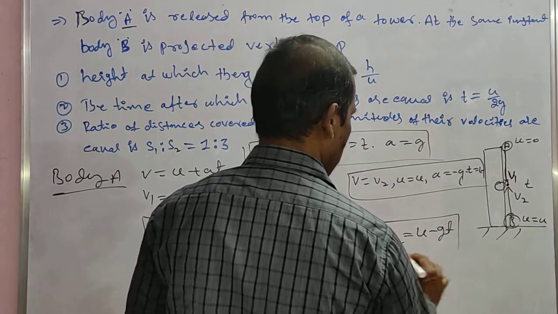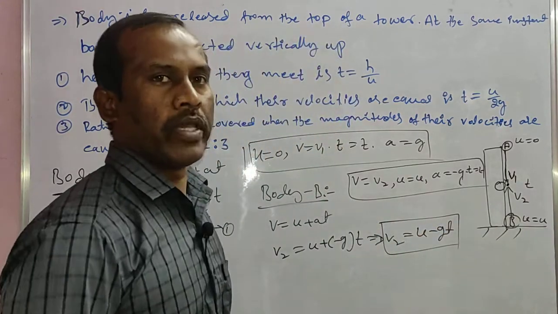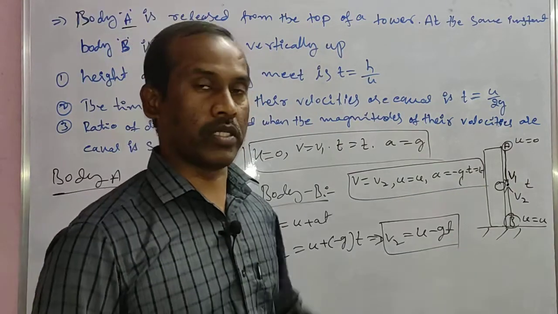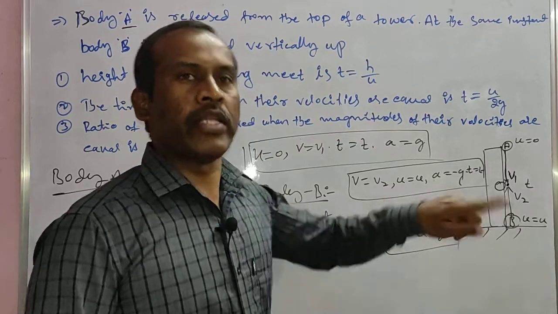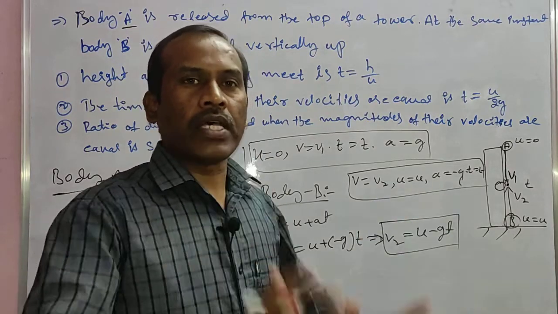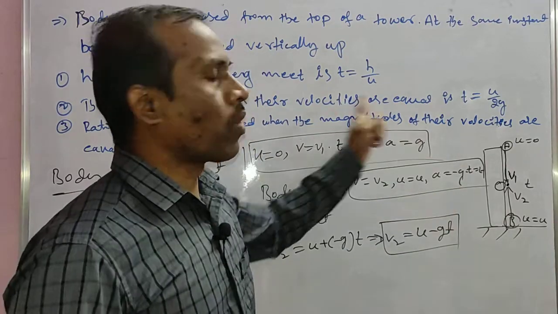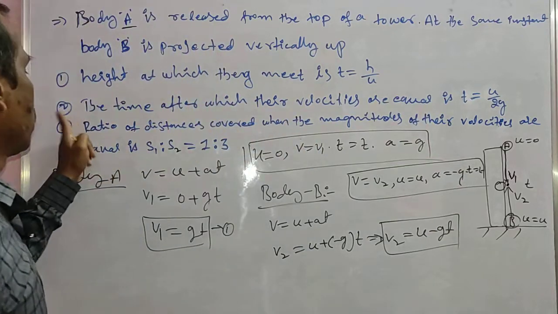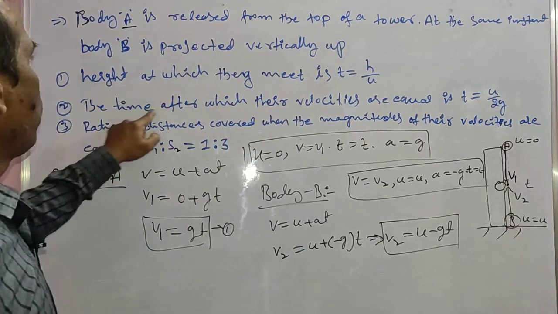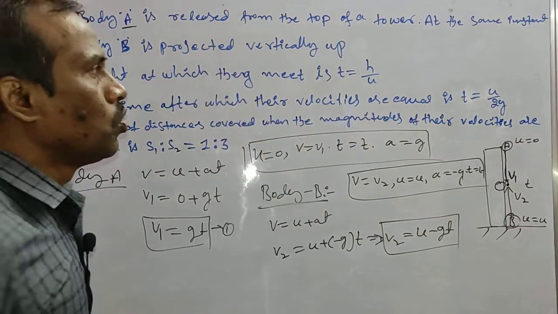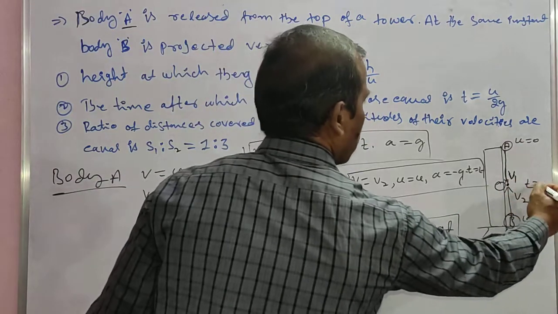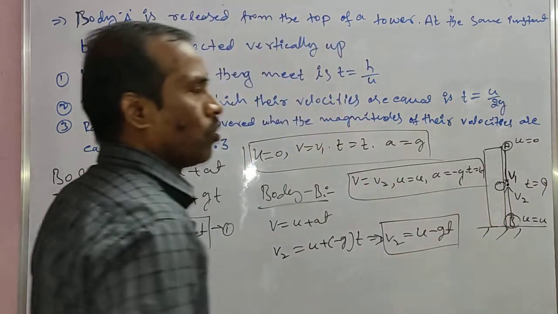This is the velocity of body b at point O. So at point O at any instant t, their velocities are equal according to the given condition. The time after which their velocities are equal is t is equal to u by g, so t is equal to u by 2g is the question.